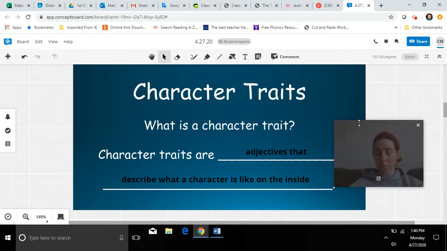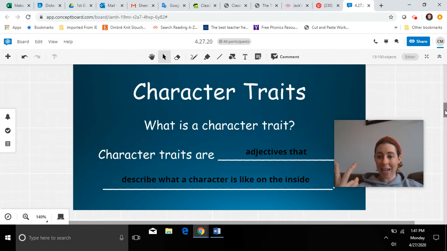In characters, it's important to know that characters don't just have one character trait. They can have many, and we can learn about what kind of character traits they have by looking at what they do, looking at what they say, what they think.